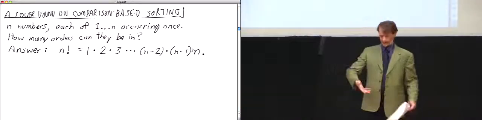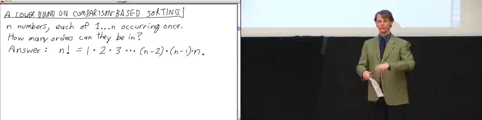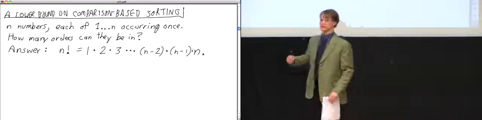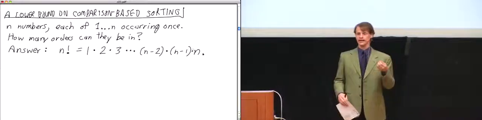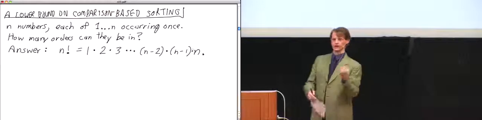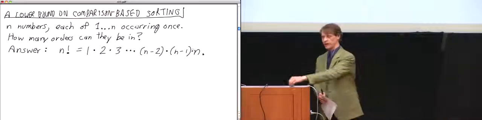Well, suppose you've got a hat and you fill it with all the numbers from 1 to n, and you draw numbers out randomly from your hat one by one. The very first number you draw out of your hat could be any one of n different possibilities. So let's take one number out of my hat. There are n different choices, equally likely, and put that here.